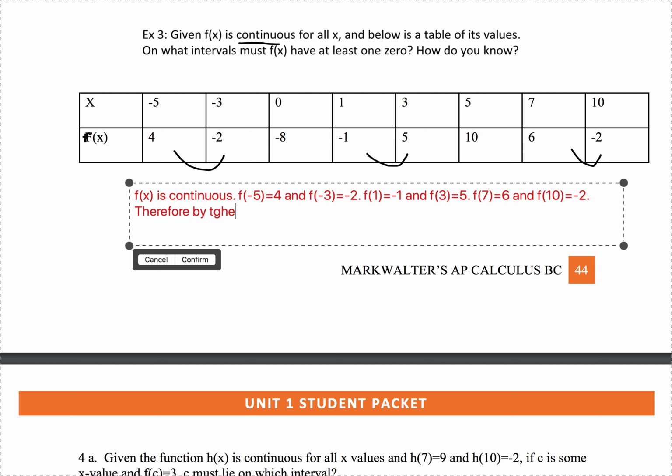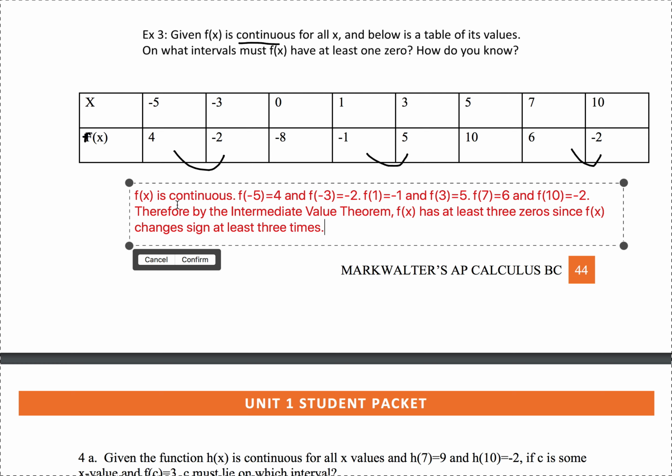Therefore, by the intermediate value theorem, f of x has at least 3 zeros. We can say since f of x changes sign at least 3 times. That could be a way we back it up there.